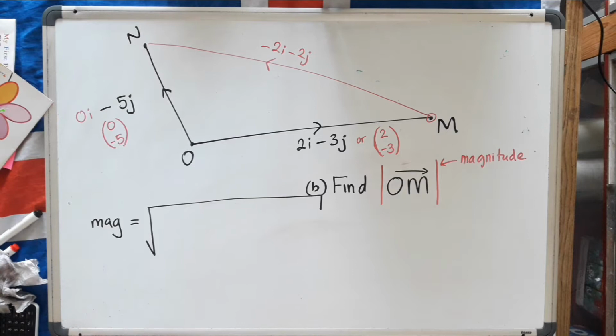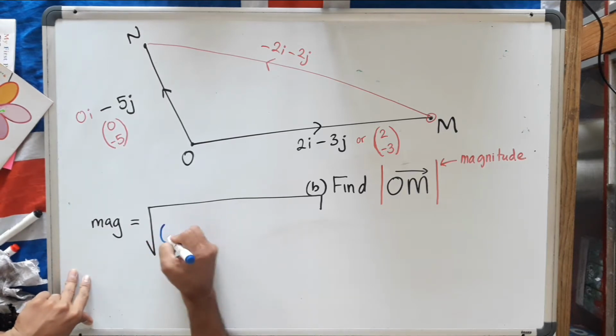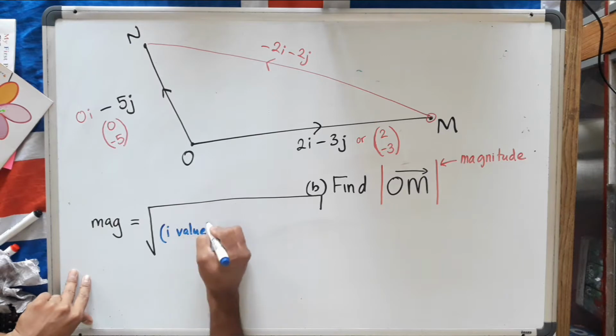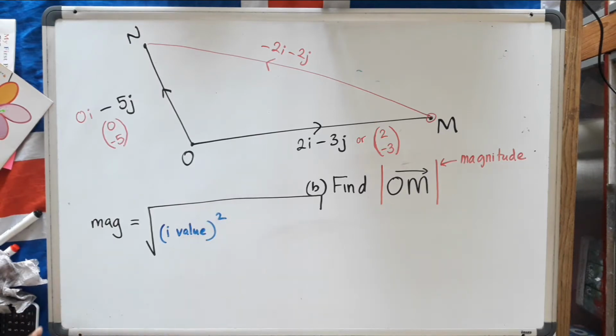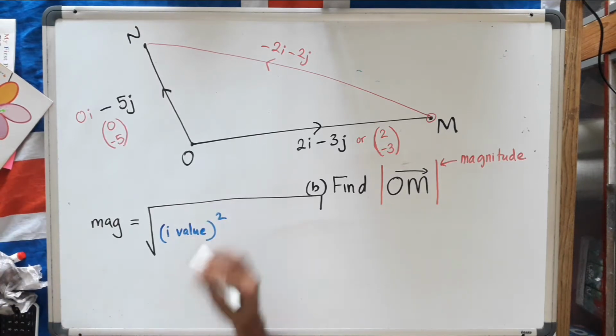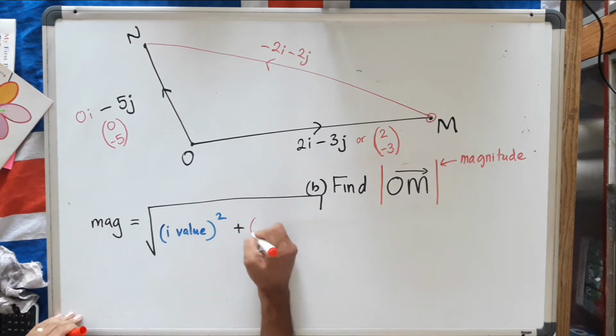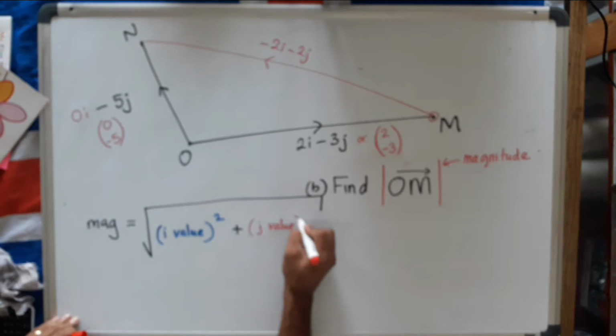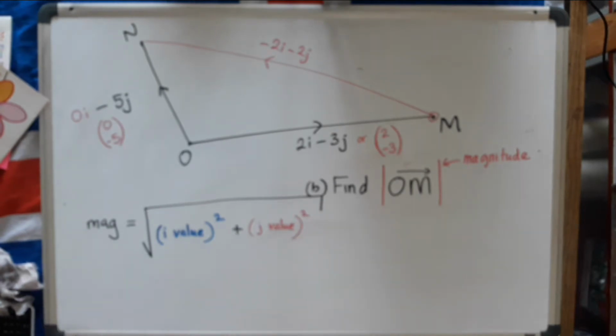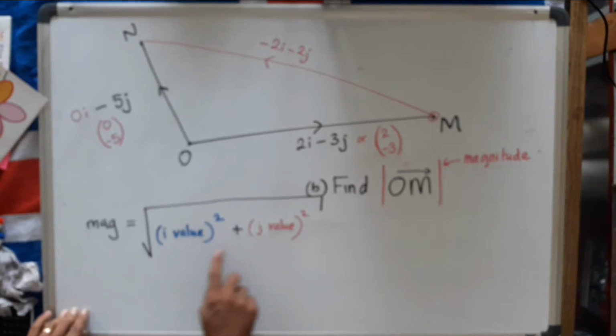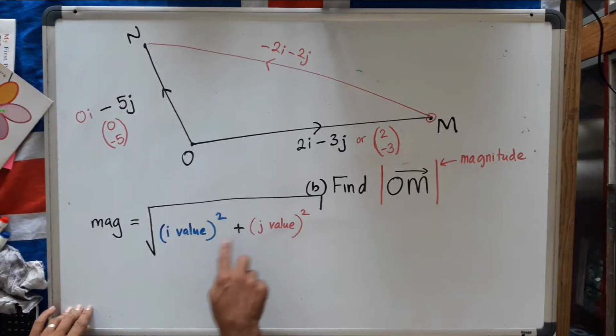In the square root sign, in brackets, I'm going to put i value squared plus j value squared. Close bracket. So to find the magnitude of a vector, you just have to take the i value squared and then the j value squared, add it and square root it.